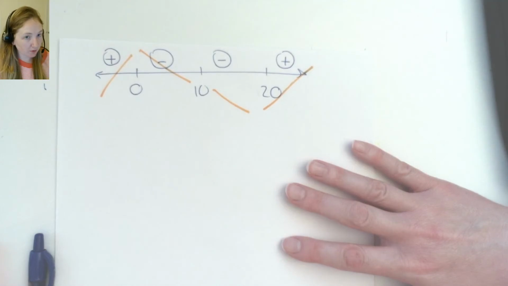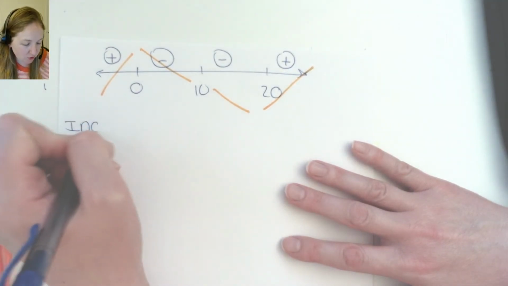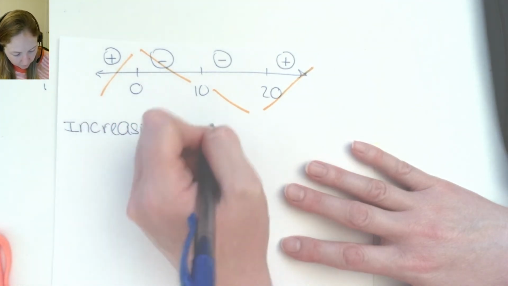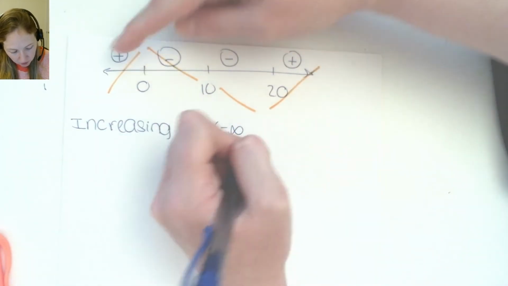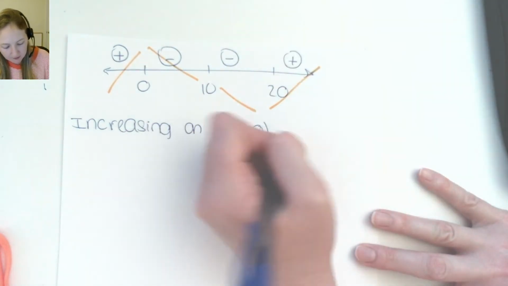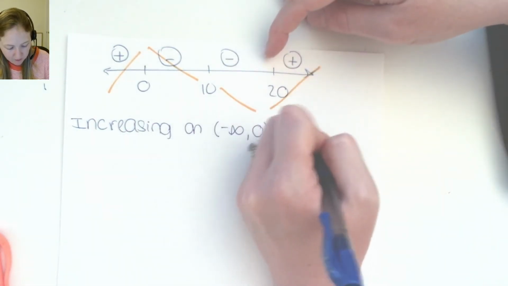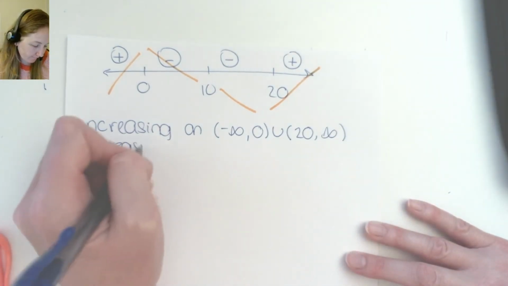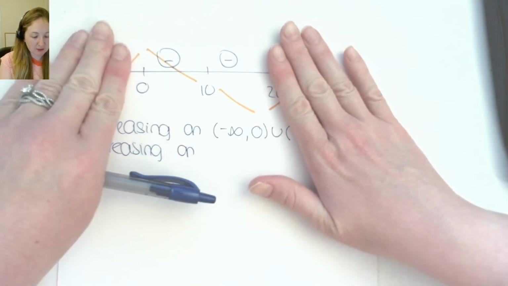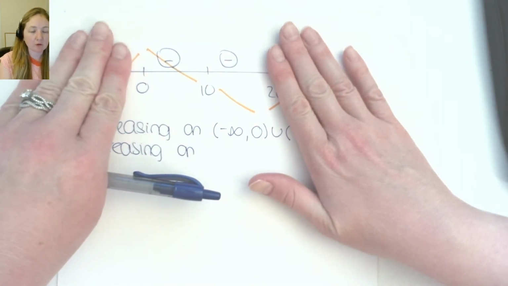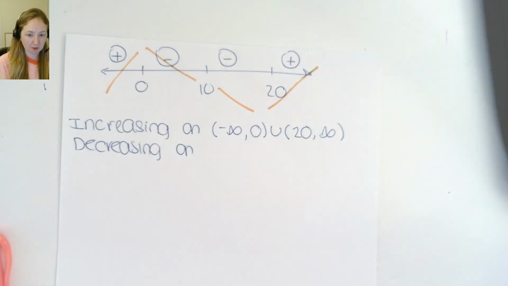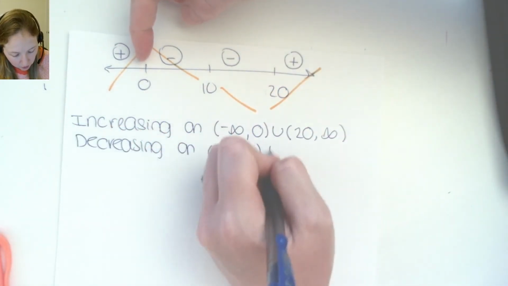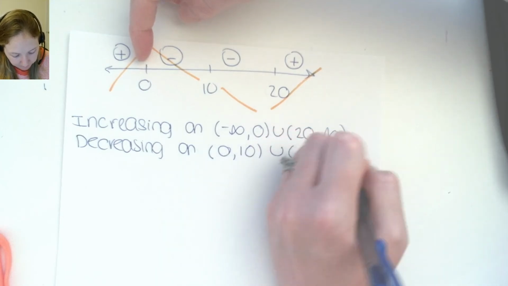So that number line, we would then say increasing on the interval negative infinity to 0, union 20 to infinity. It is decreasing. All right, now do not put the decreasing interval all together in one interval. We do need to maintain that split up interval. So it's decreasing on 0 to 10, union 10 to 20.